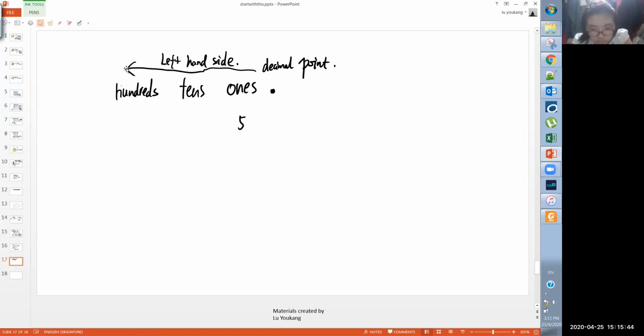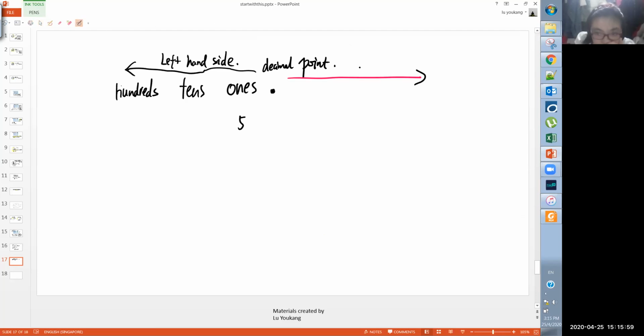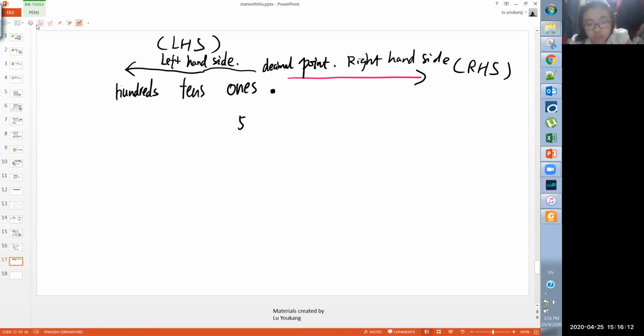Then this is definitely the right hand side. Let me choose another color. Okay, so this will be the right hand side. I'm going to use the short forms LHS for left hand side and RHS for right hand side, and continue to use the short forms to represent them.